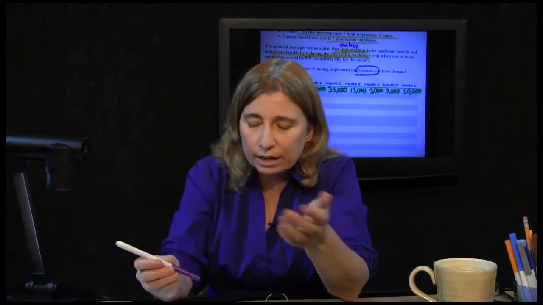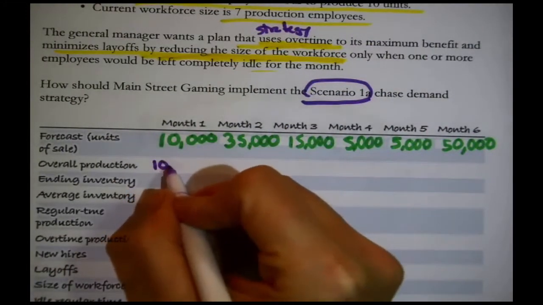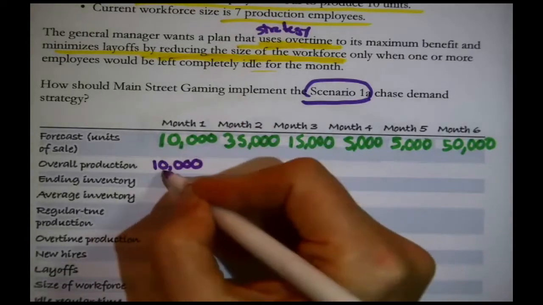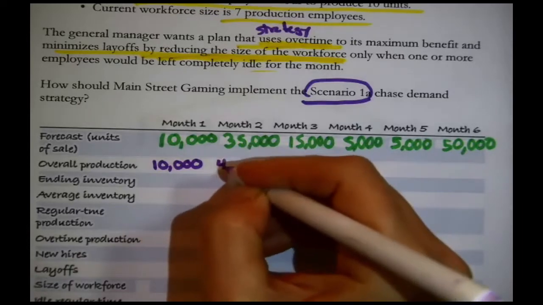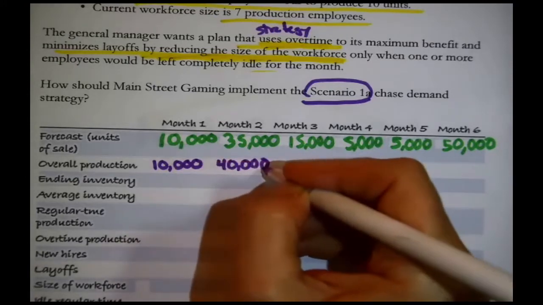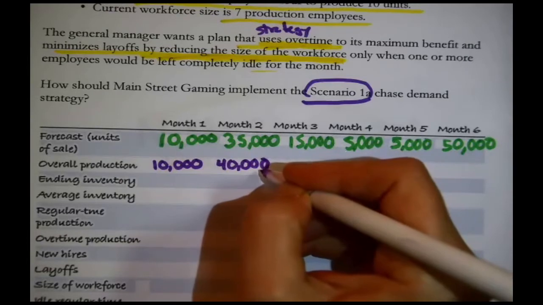The chase aggregate plan specified that, since there's going to be demand for 10,000 units of sale, go ahead and produce 10,000 units overall in the first month. Then in the second month, that's going to be a busier month, so produce more: 40,000 was the overall production level for the second month.